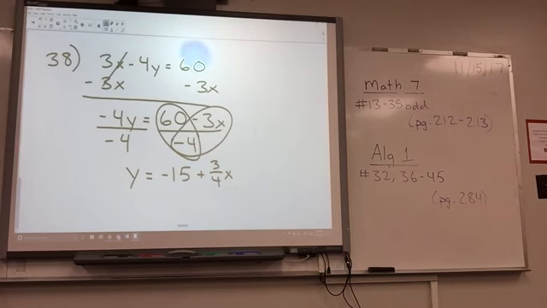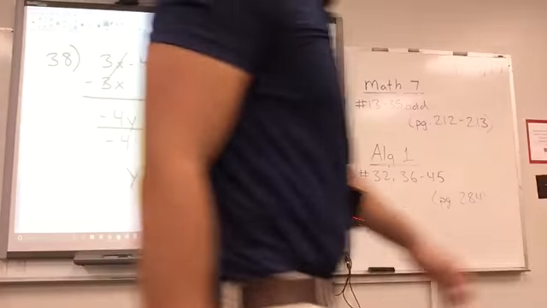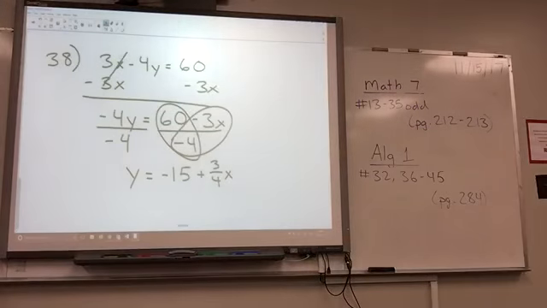So now you need to make a table, and you need to pick values for x. What's the value I always want you to pick? 0. And then I have to think, what other numbers should work? If you have a fraction here, you want to pick a number that's a multiple of the denominator. For this one, would it be negative 4 and 3/4?